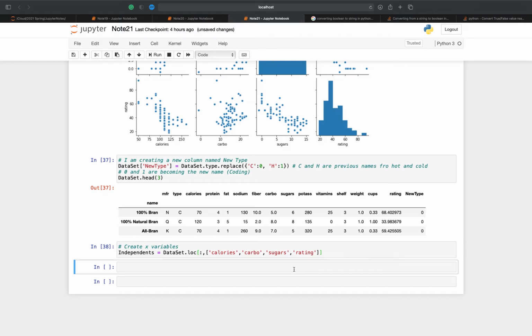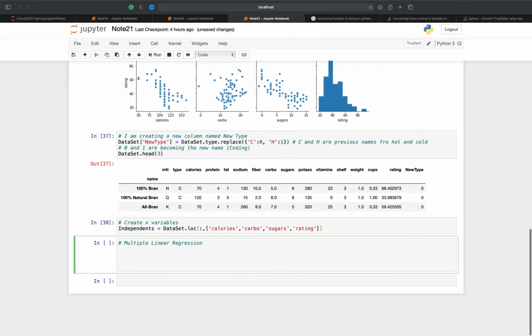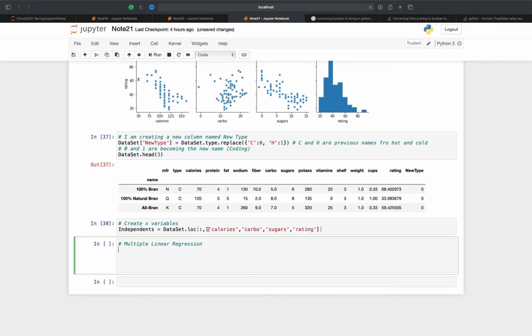and I'm going to now talk about multiple linear regression. Okay, so I'm going to, oh, actually, I'm not choosing this as my independent. So my independent will be carb, sugar, rating, right?